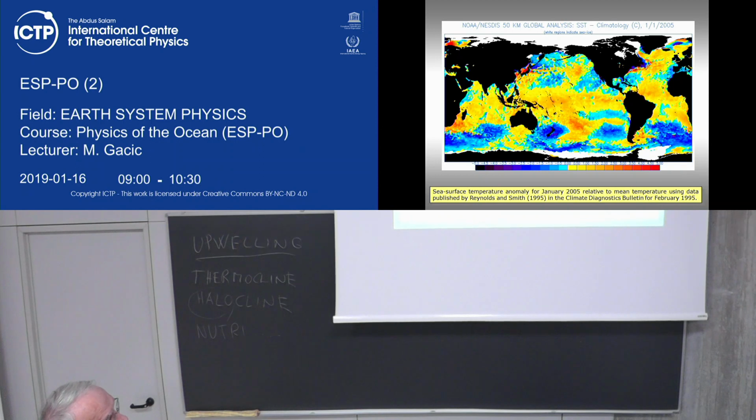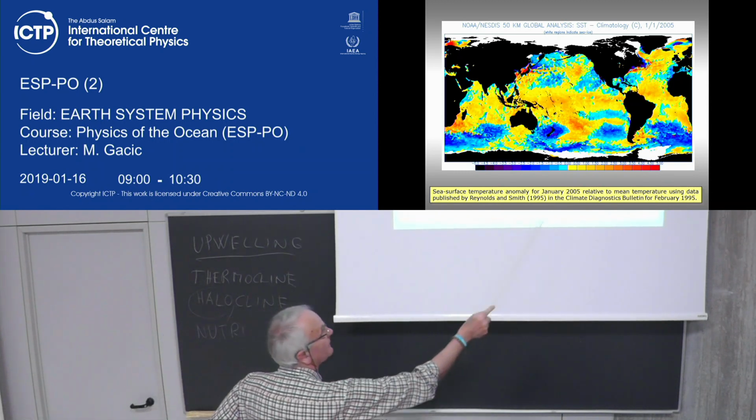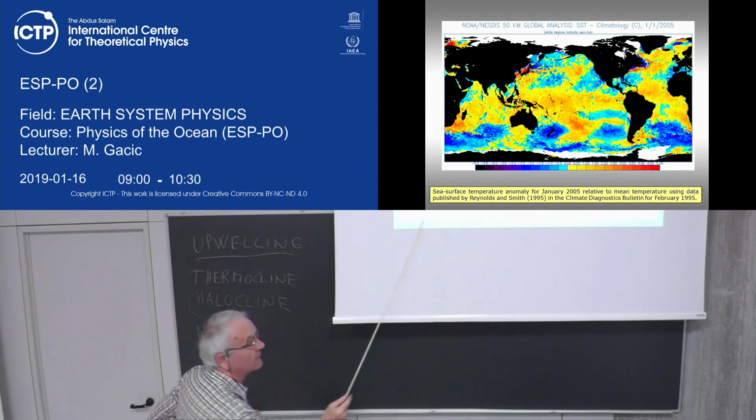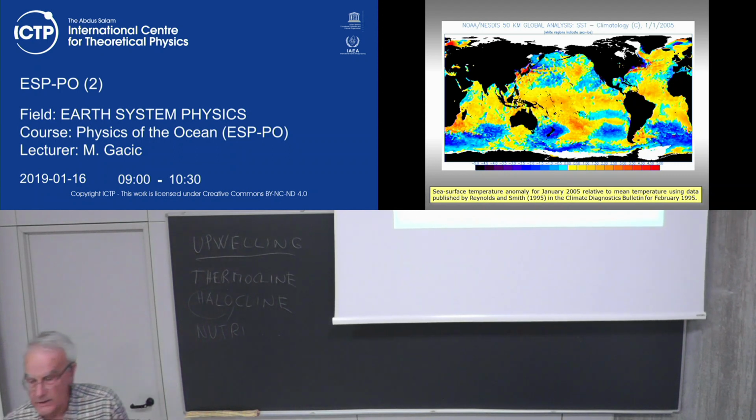So this is a pretty large difference between the long-term average and the specific year temperature. This obviously depends on the specific climatic conditions in the area. For example, looking at this picture, generally the equatorial area was warmer than the long-term average.